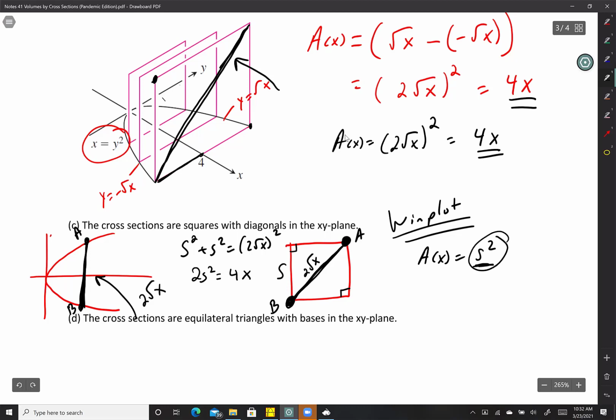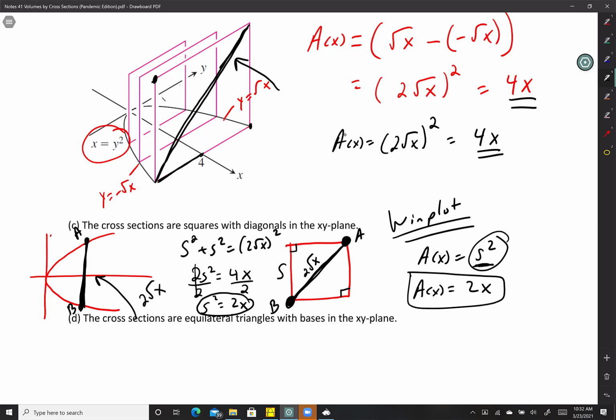And remember, this is s squared, so all I'm doing is just math from algebra. So s squared is equal to 2x. So you can see why your algebra, when you were in algebra 1 and algebra 2, is so important, guys. All that time you were thinking, I don't understand why I'm doing this. Well, now, here it is. So my cross section area is just 2x. And that's what I would integrate. Cool or not cool?